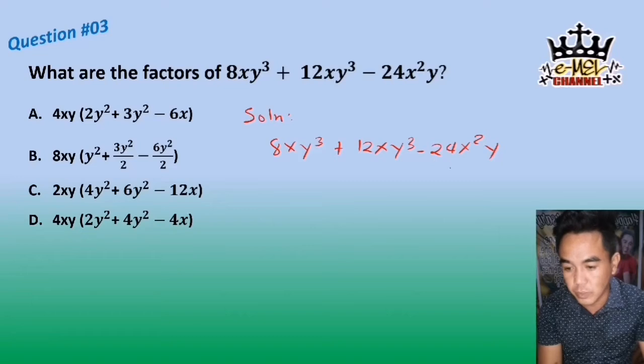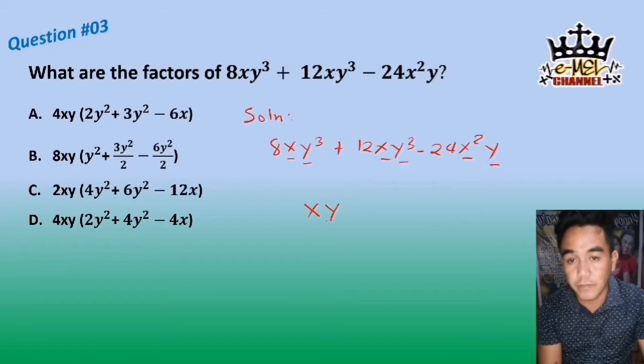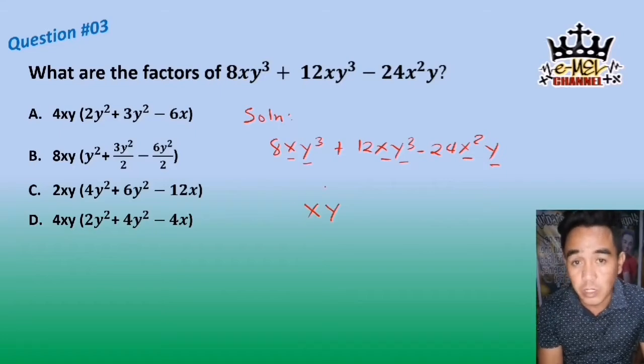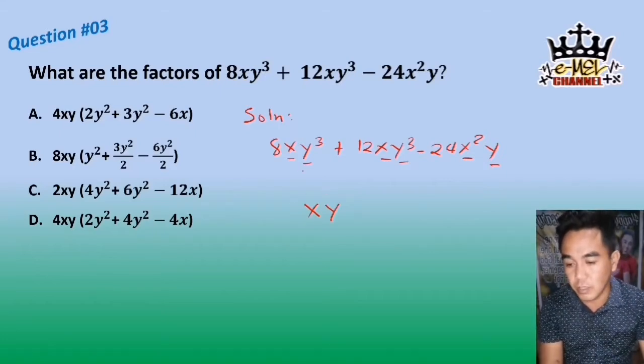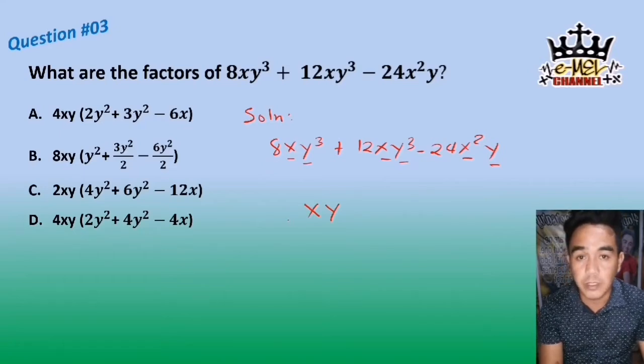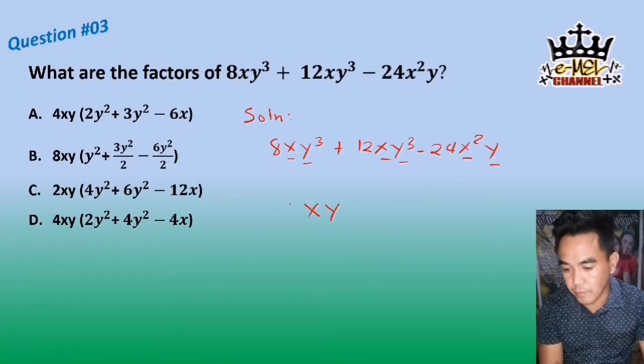So we have here 3 terms. We have x, x, x. We put it here as x. We have here y, y, y. We put it here as 1. Now, what do you think is the common number that can divide 8, 12, and 24? So the answer is 4.